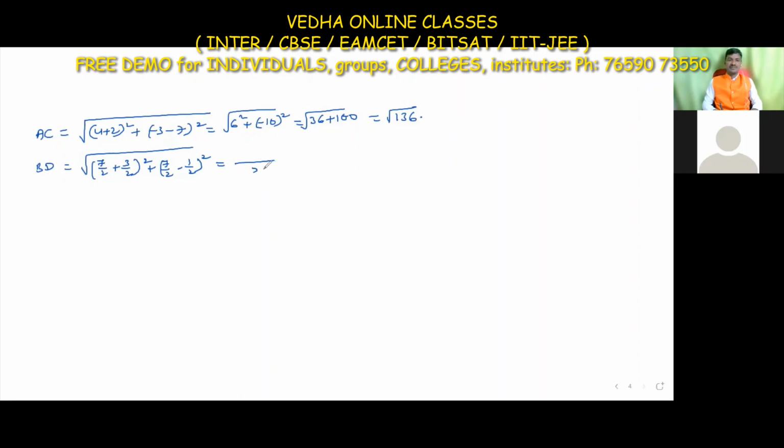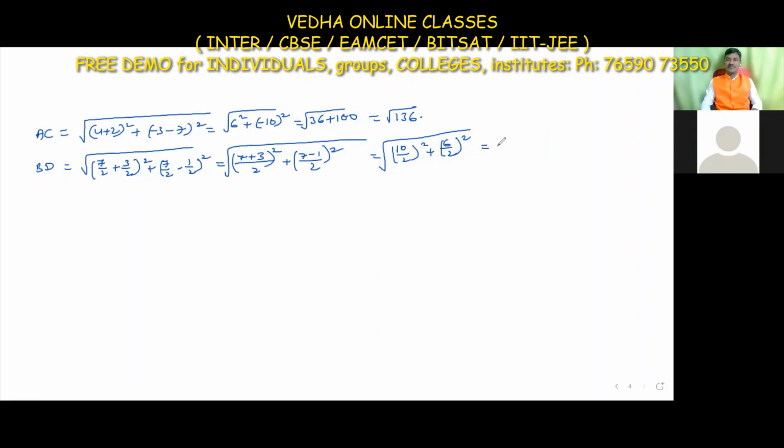Take LCM. LCM is 2 only. So denominators are equal, so add the numerators. Here also the same. 7 plus 3 is 10, 10 by 2 whole square, plus 7 minus 1 is 6 by 2 whole square, right?